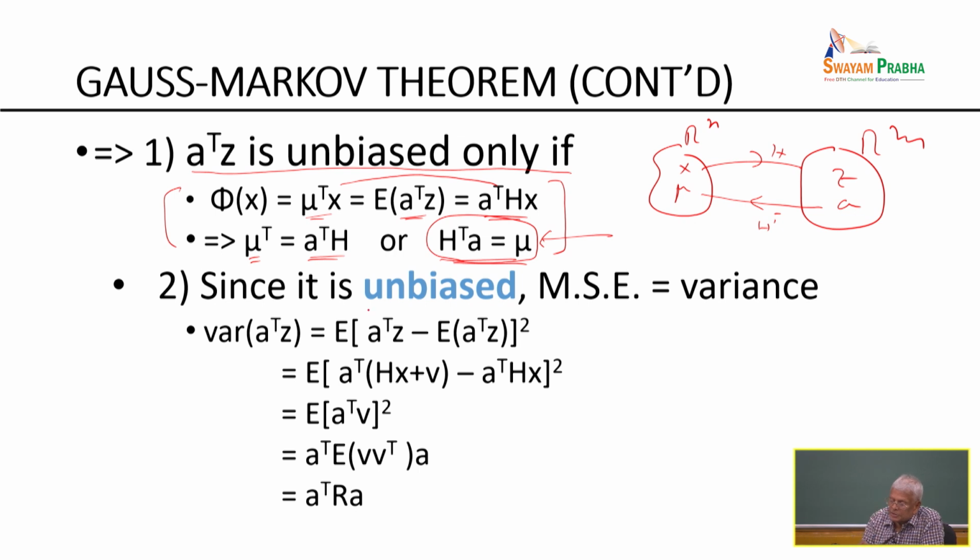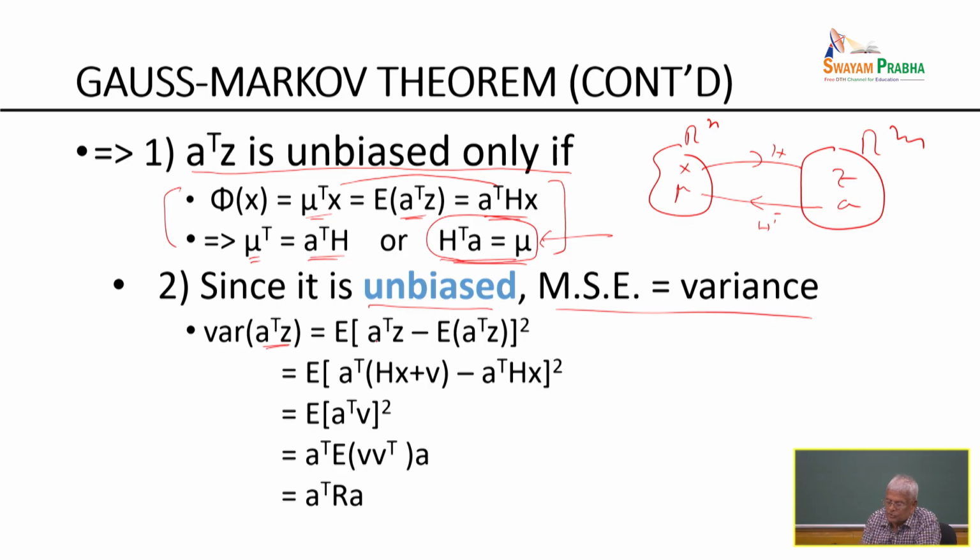Now, since it is unbiased, its mean square error is equal to variance. Please understand, we have already shown the mean square error is equal to variance plus the bias square. If it is unbiased, the bias is 0. So the mean square error is equal to the variance. This is a scalar.